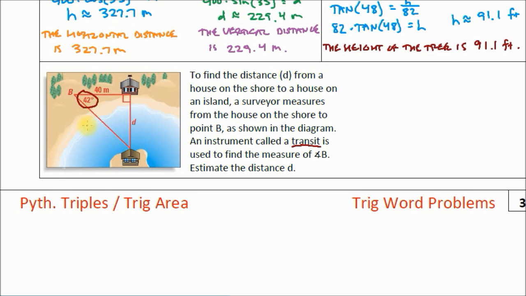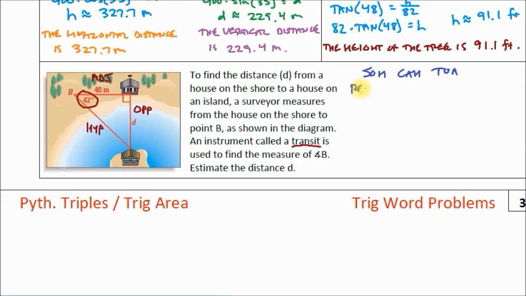Let's go ahead and label here. We got hypotenuse is right here. From angle B, D is opposite, and the 40 meters is adjacent. All right. Let's take a look at what we got. SOH CAH TOA.